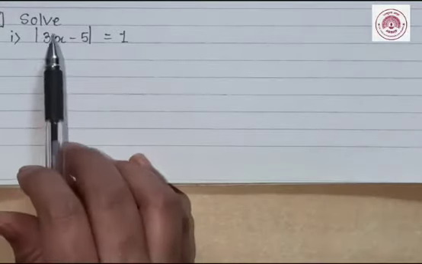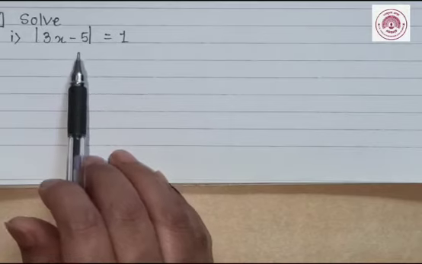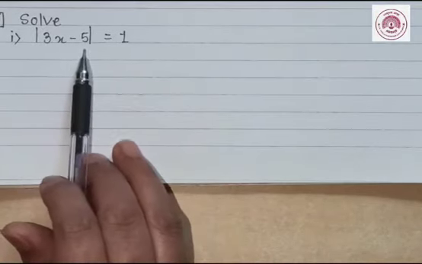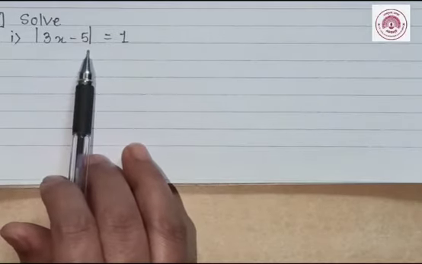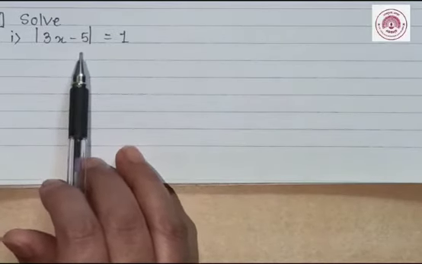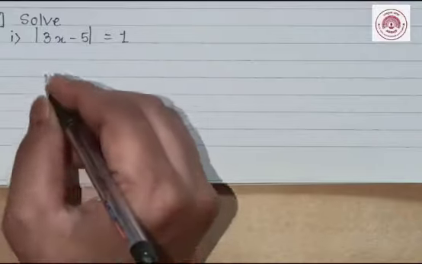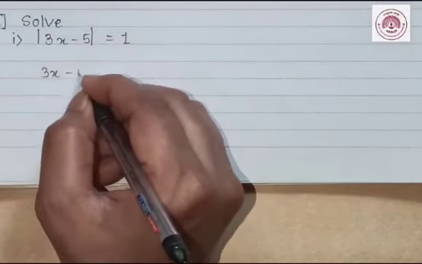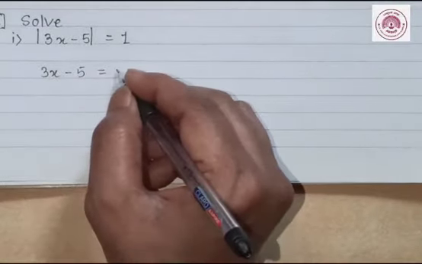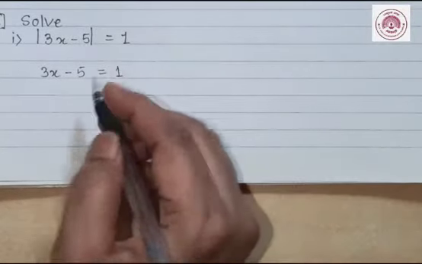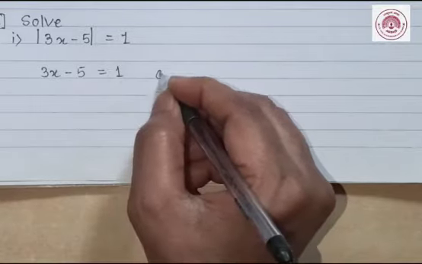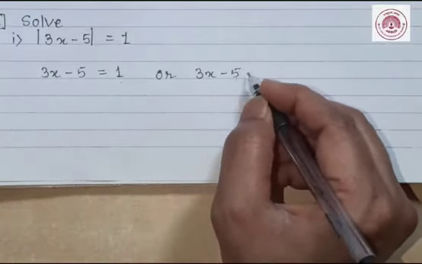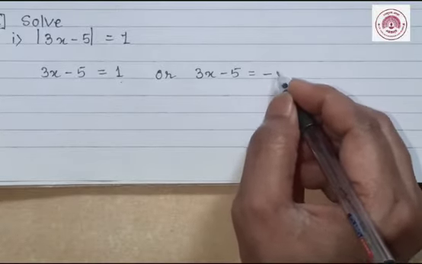Question number 2 is: solve modulus of 3x minus 5 equals 1. Now modulus of 3x minus 5, so 3x minus 5 can be a positive number or it can be a negative number. Therefore we have to take two values: 3x minus 5 equals positive 1, or 3x minus 5 equals negative 1.